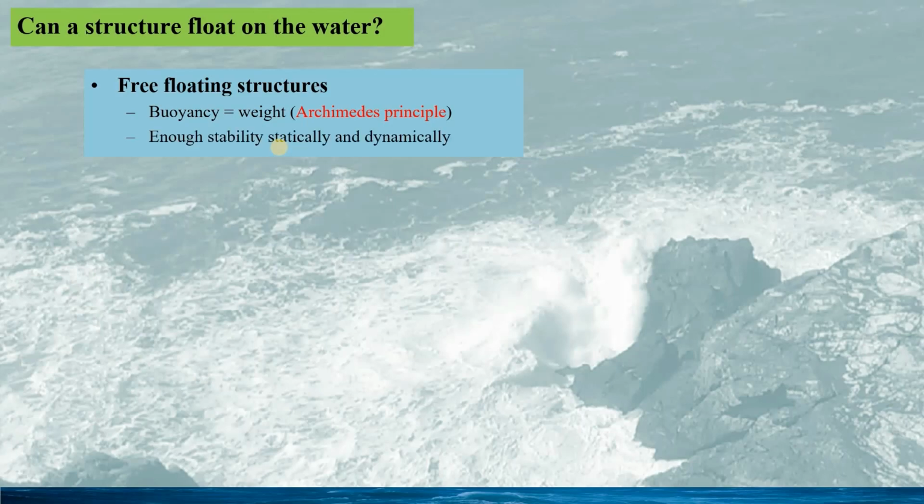If a structure is to float uprightly on water, especially structures subject to all different dynamic forces, such as wind and wave, we must have enough stability for the floating structure, statically and dynamically.